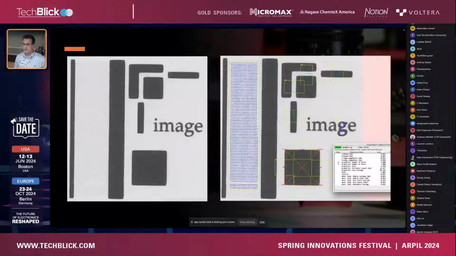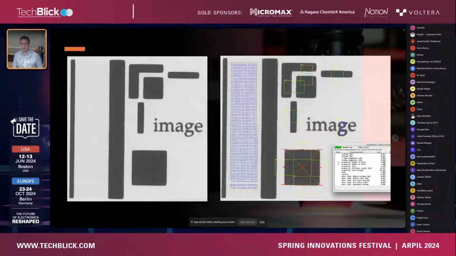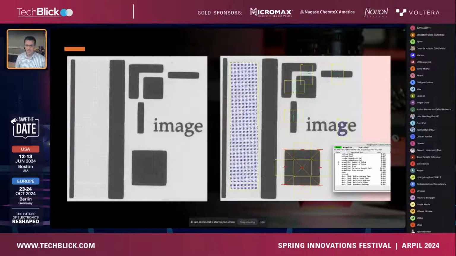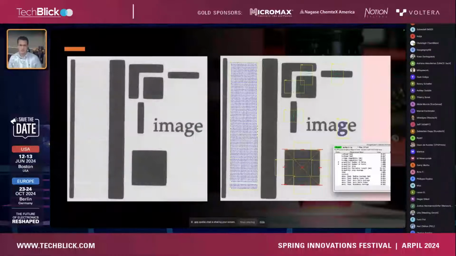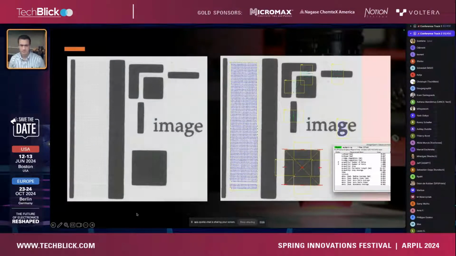Print quality isn't typically measured on just anything. Often there are test patterns that you use where you would print a sample of this, and that pattern is set up to be very easy to measure the performance of the certain features that you're most interested in. So on the left, you can see an example of what a pattern might look like.